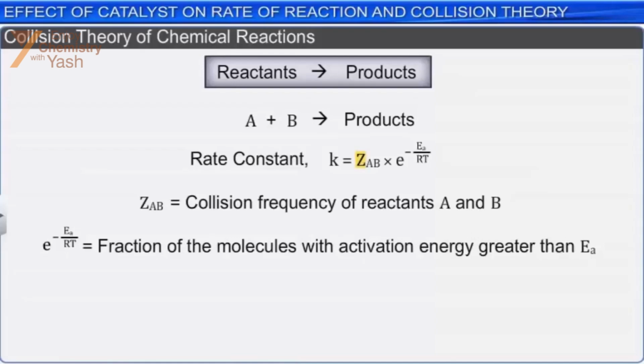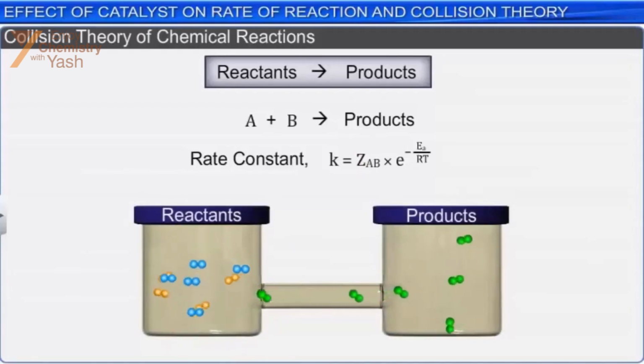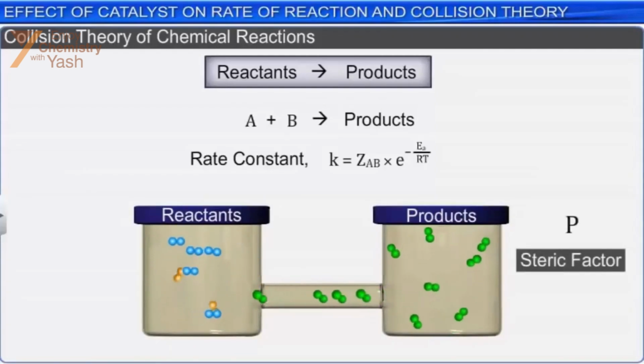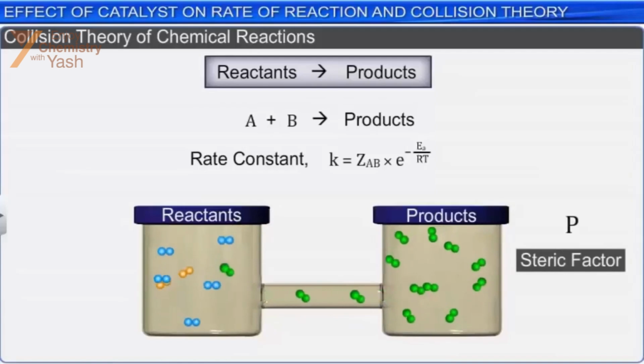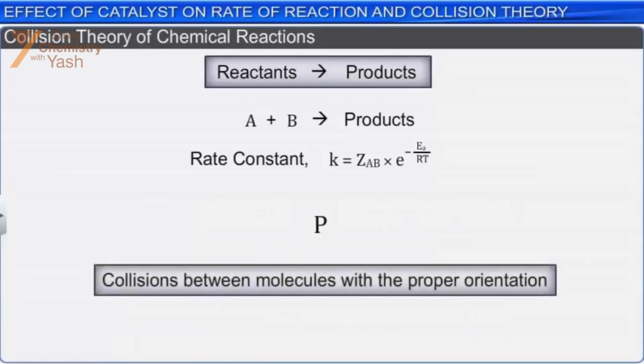The Z in this equation can be compared to the factor A in the Arrhenius equation. Since all the collisions do not lead to the formation of products, another factor called steric factor, P, is introduced in the collision theory to account for effective collisions. P refers to the collisions between molecules with the proper orientation.